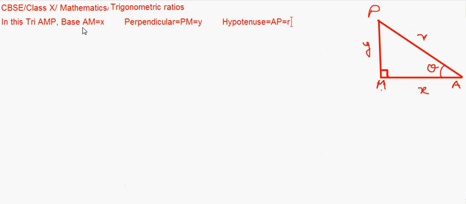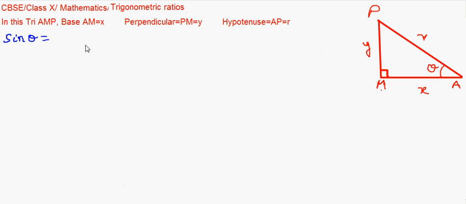Now we'll be writing down the ratios, but you need to remember, not get by heart the formula. Just remember what combination gives you sine theta. Whatever I write as the formula will be in terms of theta, how theta looks at them.